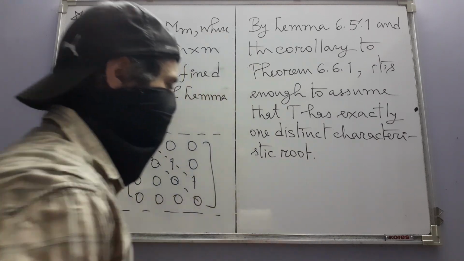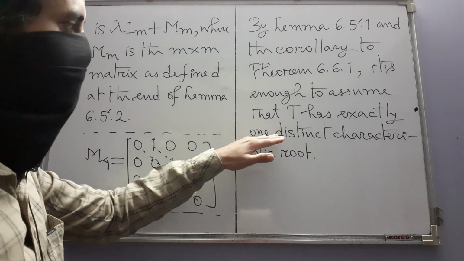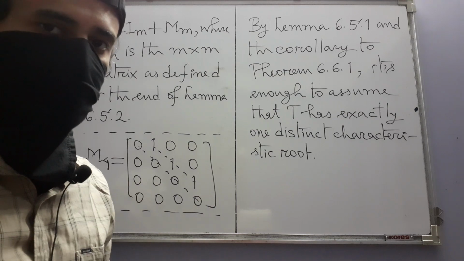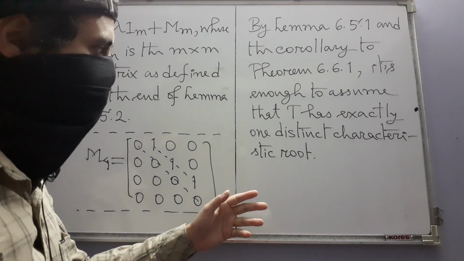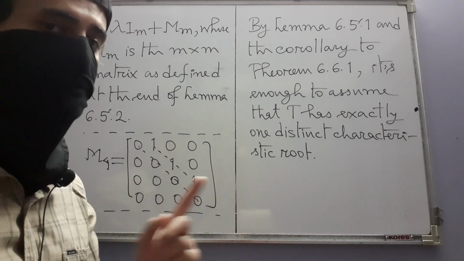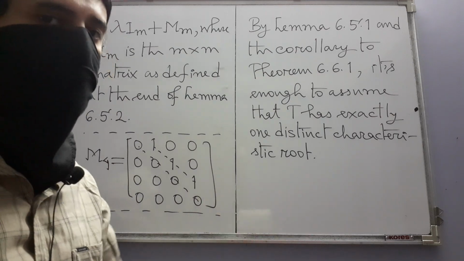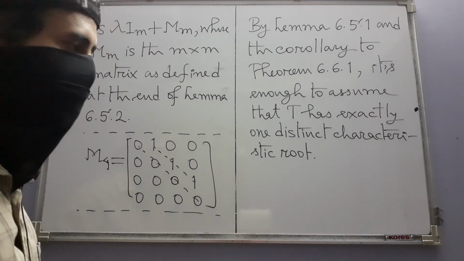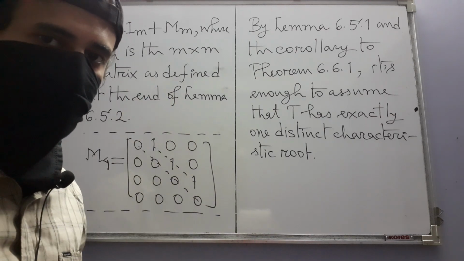It's not entirely correct to simply write T has exactly one characteristic root. That may be wrong, but it has exactly one distinct characteristic root, which may be repeated depending on the dimension of the underlying vector space V.